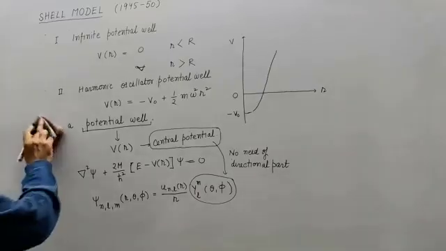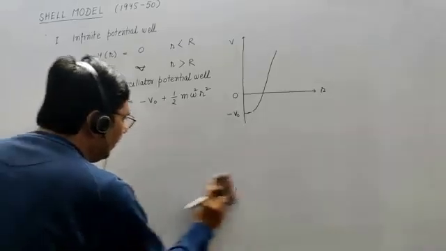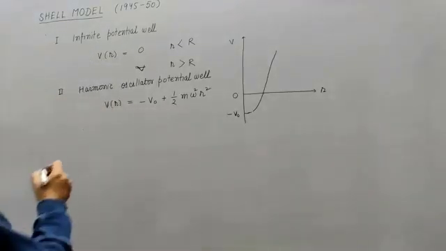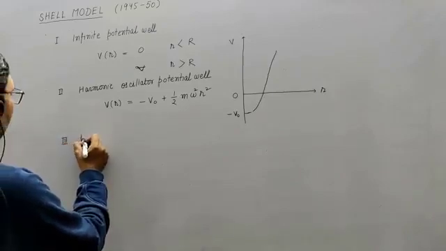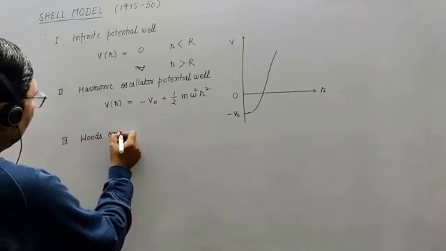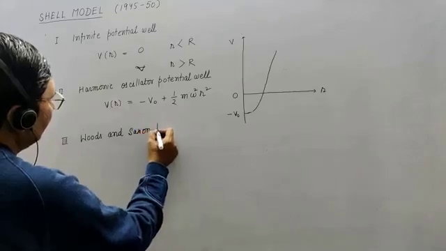The third important potential which was substituted in the Schrodinger equation was given by two scientists. Their names were Woods and Saxon. The third type of potential they chose was the Woods and Saxon potential.